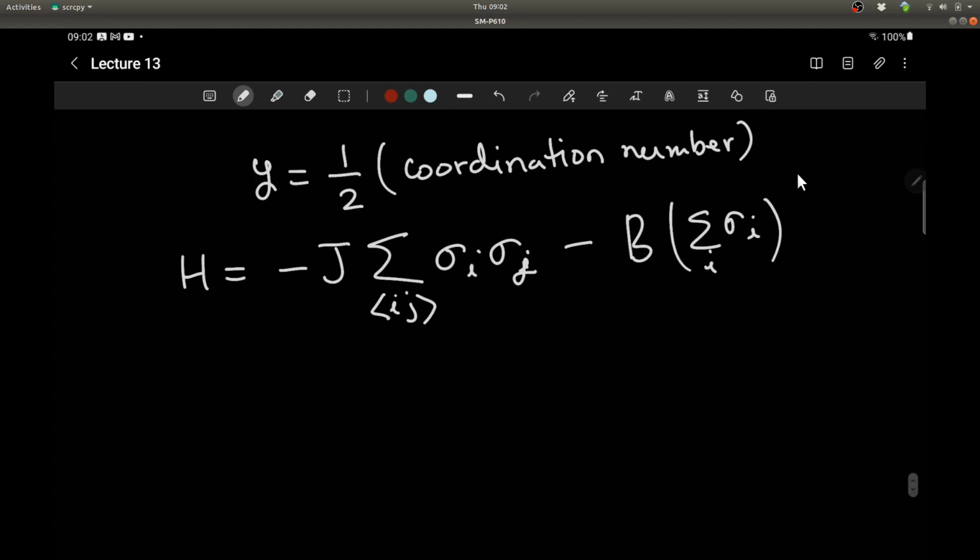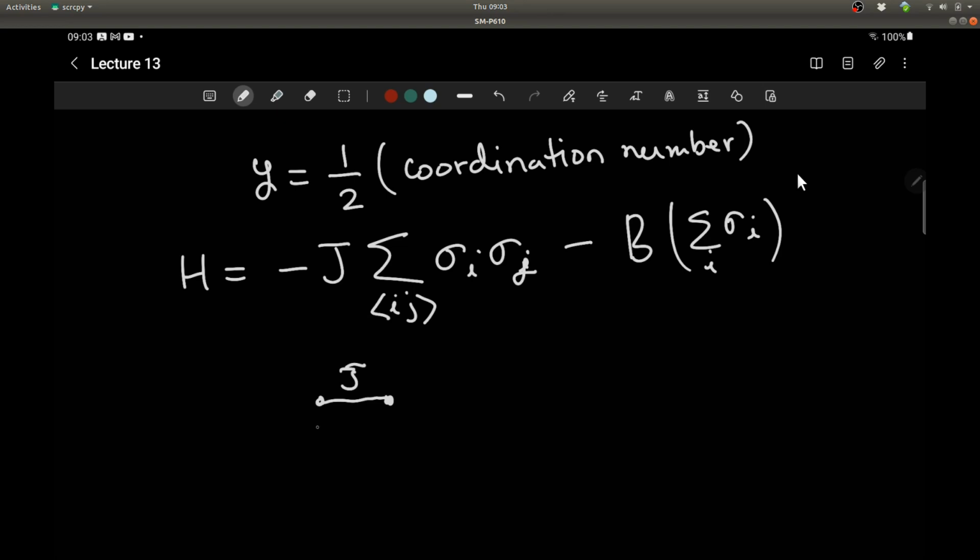Just think about this: suppose you think of each of these things at the vertices of the lattice, and draw a bond between nearest neighbors, so you can think of associating J with this bond. But in the summation, this will appear only once.